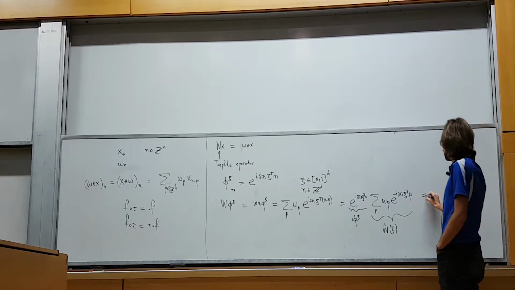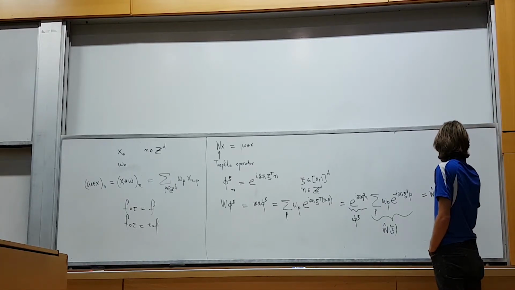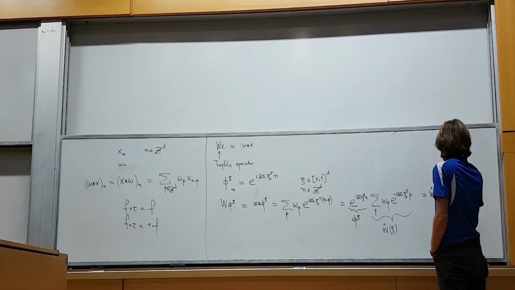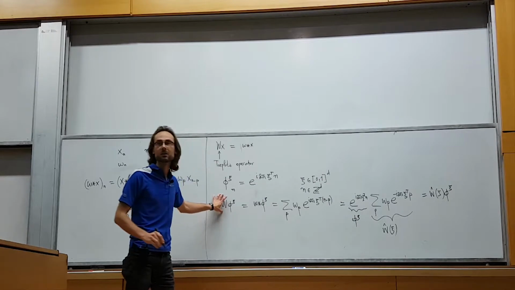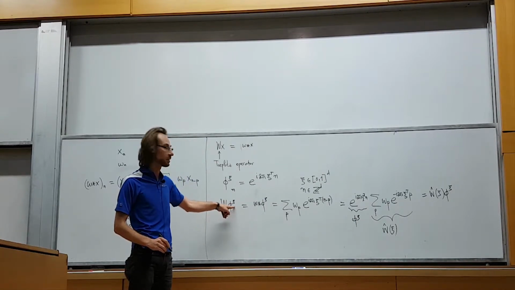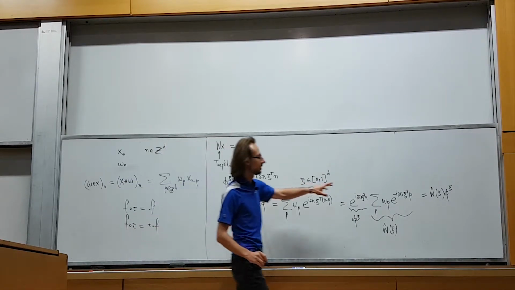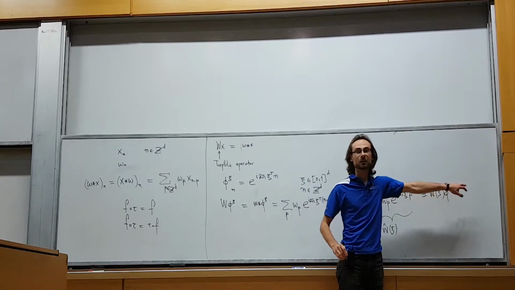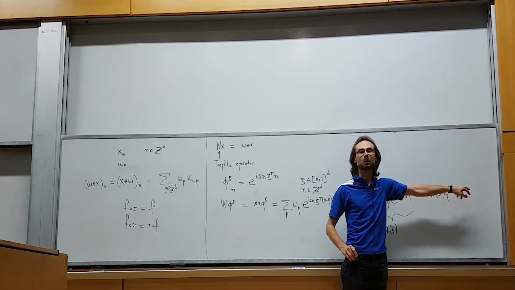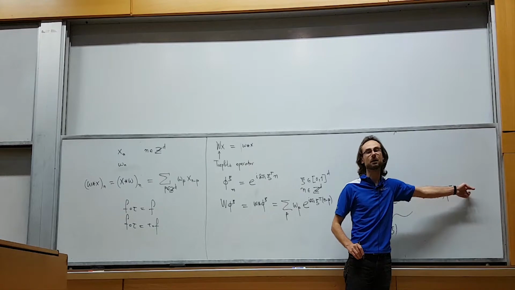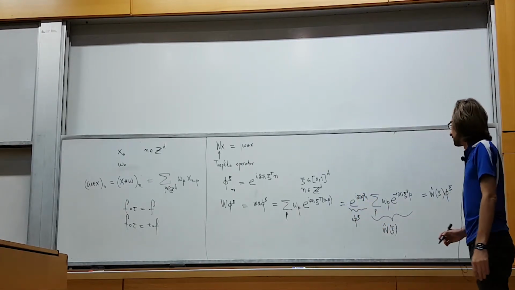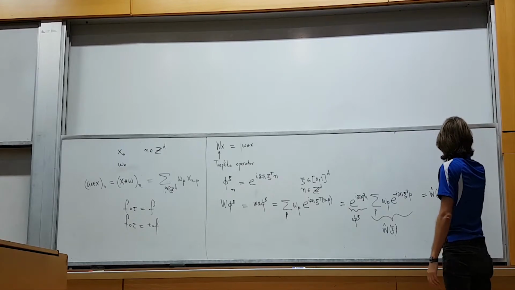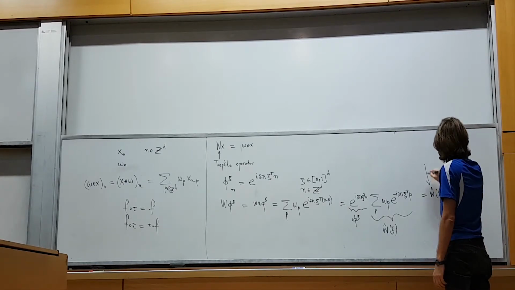What we got is w hat of psi times phi psi. Remember, we act with the linear operator w, think of it as a matrix, on the vector phi psi, and we get some number times phi psi. How do we call such a phi psi? It's an eigenfunction, or eigenvector, of w, and this is the corresponding eigenvalue.